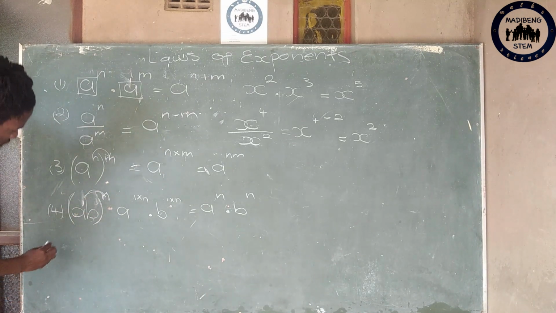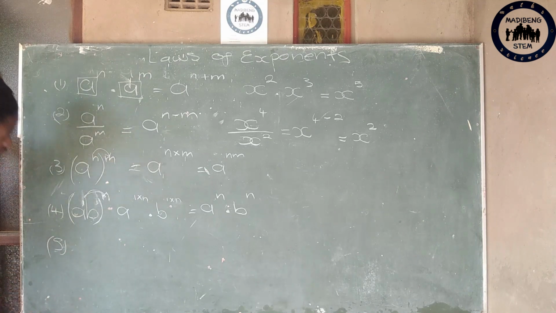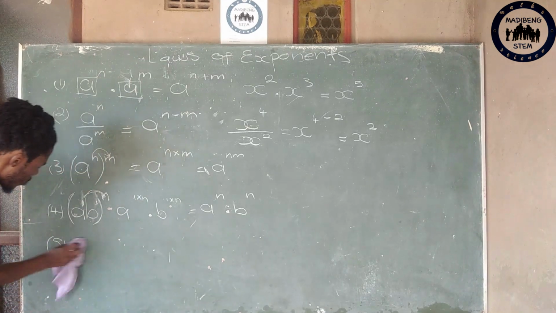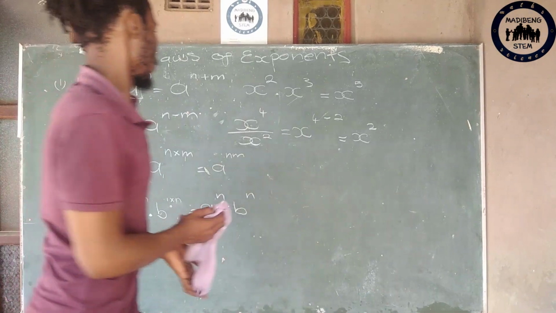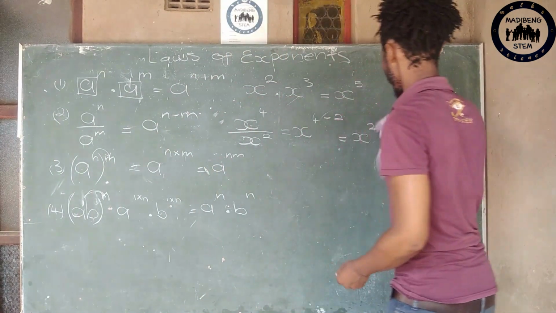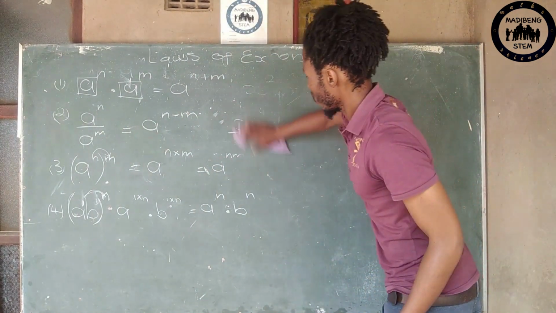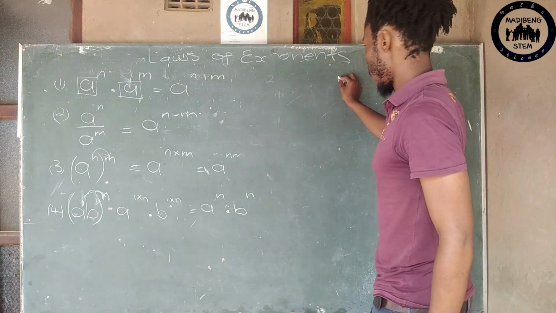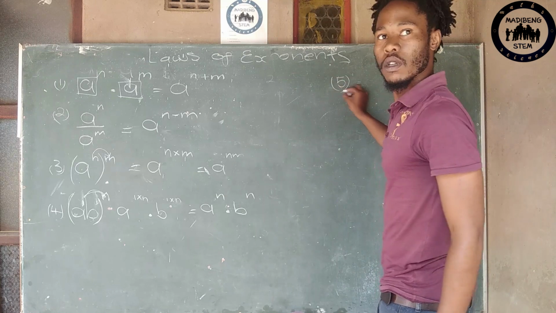This is the fourth law of exponents. So we also have this one, the fifth one.